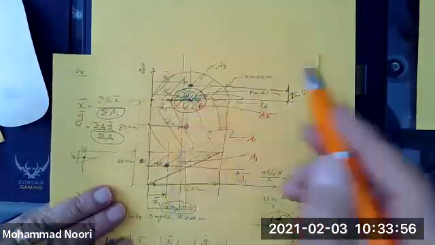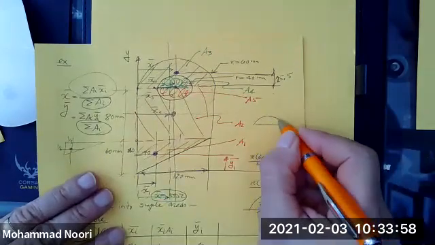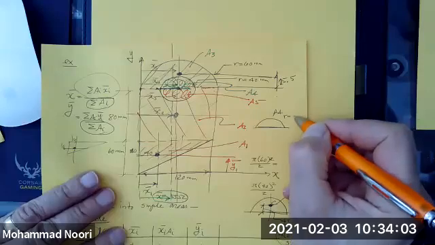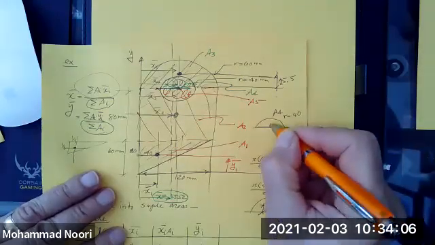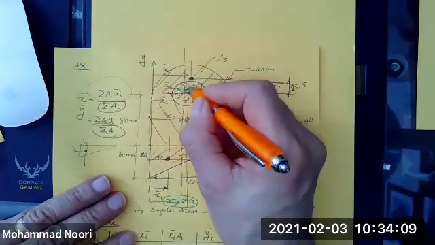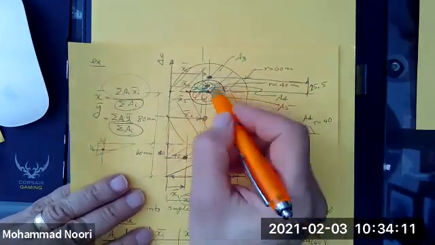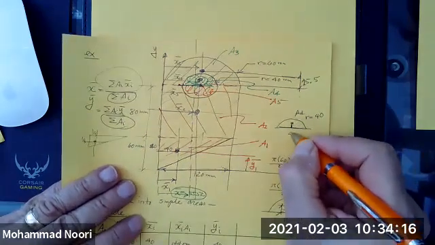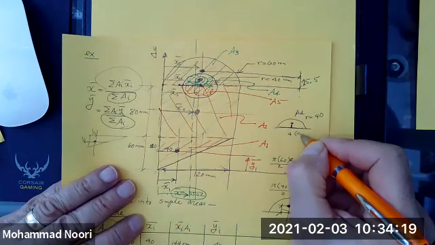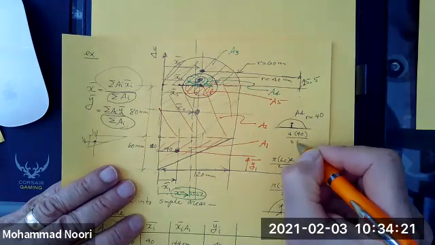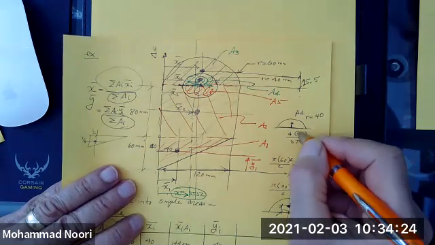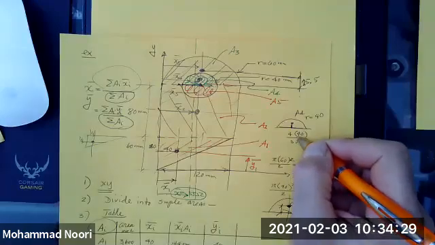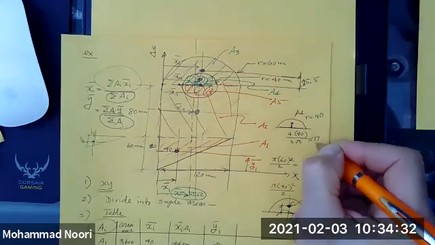You do the same for these two. This is A4, right? This is that little guy, A4. Radius is 40. So the distance from here to the centroid of this little guy is going to be 4 times r of 40 divided by 3 pi. If you calculate this, you will see that it comes out to be 17 almost.